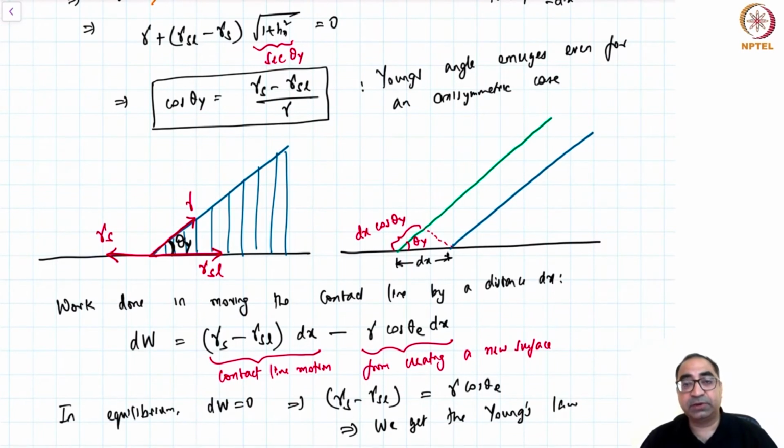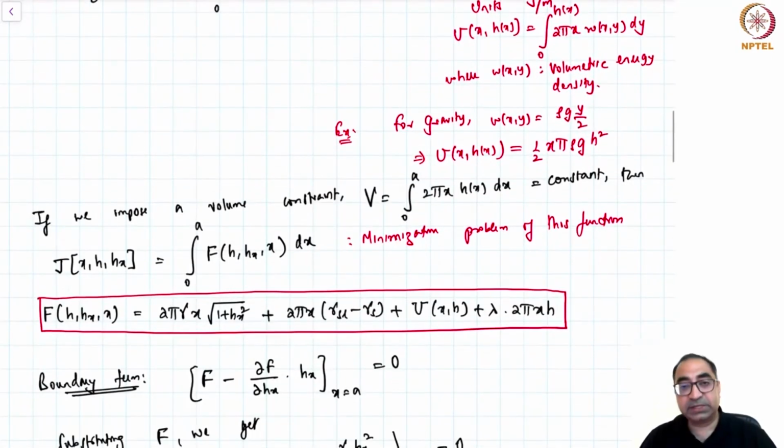This is all valid for a smooth surface where the surface energy is the same, and theta Y is the Young's angle. Now I want to also emphasize this one box that I've highlighted. This is the dependence of this energy functional on several quantities such as the slope, the height of the position of the contact, the interface, the surface energies, and of course the external field that we have here.